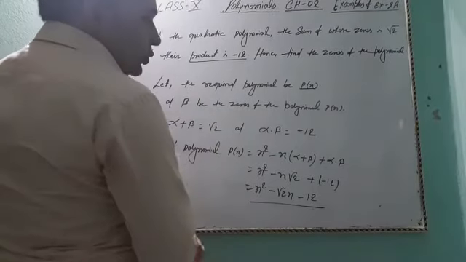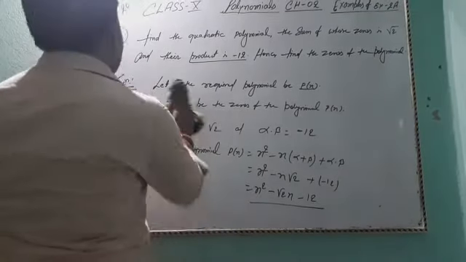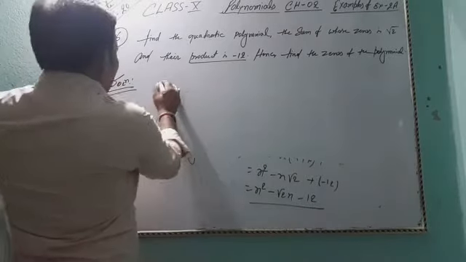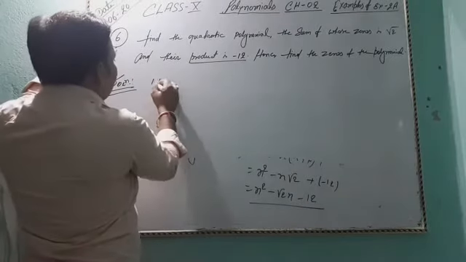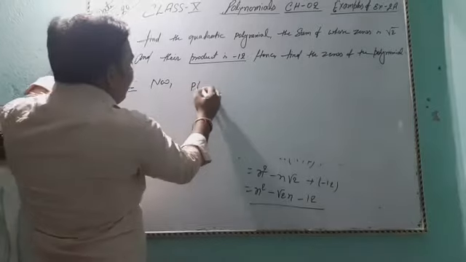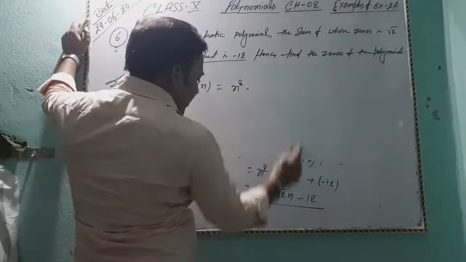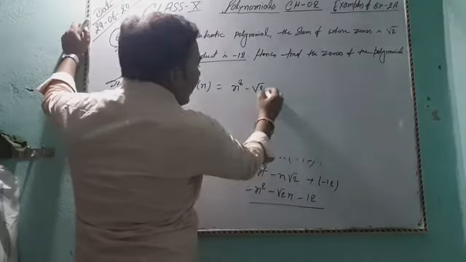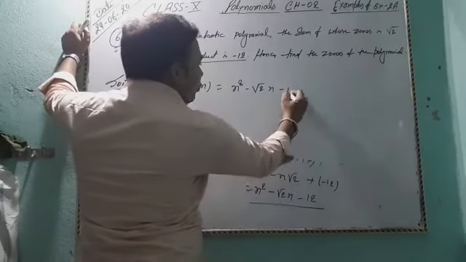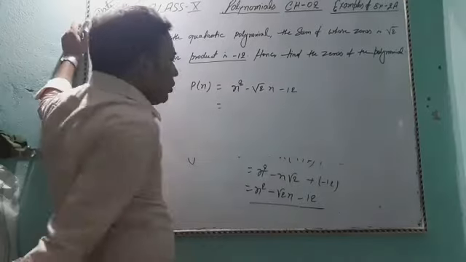And find the zeros of this polynomial. Now Px equal to x square minus root 2x minus 12. We factorize this polynomial.